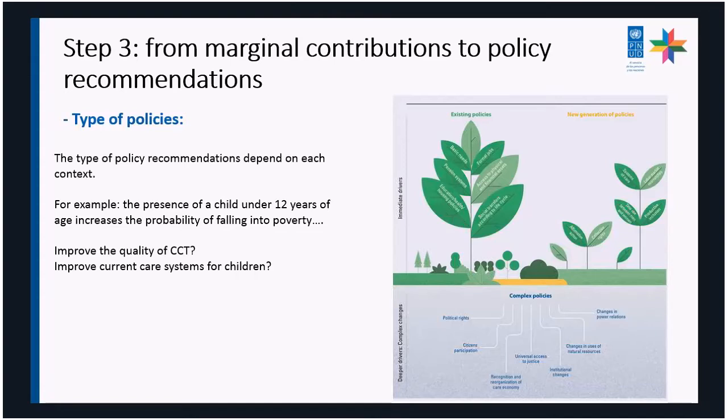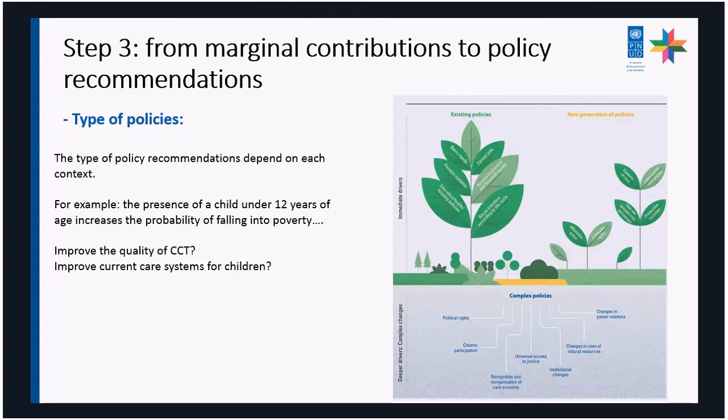So what we have to think about when we are in this step and when we are making policy recommendations is to think about country context and which kind of policy is needed at this moment, which are the realistic types of policy that have space in the country and that are in line with the current social agenda and the current challenges. For example, we can get from our marginal contributions that the presence of a child under 12 years old increases the probability of falling into poverty.